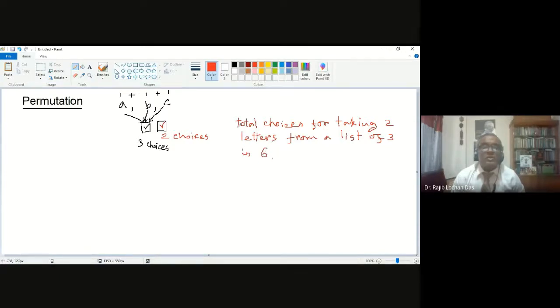So how is this 6 coming? This 6 is coming by multiplying 3 into 2. So 3 choice, 2 choice, that is actually 6. So we are getting this 6 like that. Okay. So why is it AND?